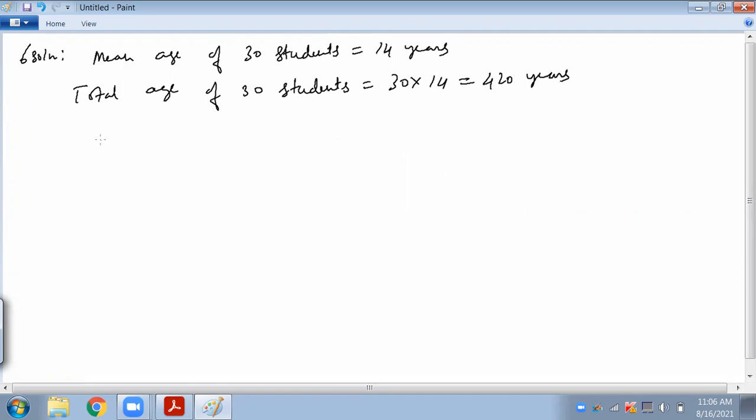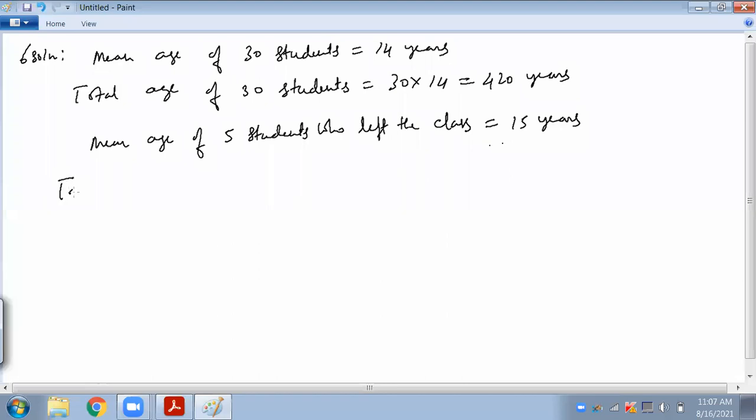Then again, what is in the question? 5 students with a mean of 15 years left the class. So the mean age of the 5 students who left the class is equal to 15 years.